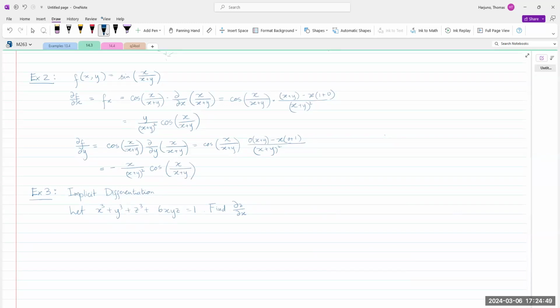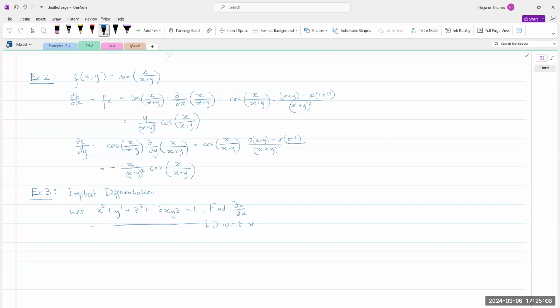And you will see later on that dou x dou z is basically the reciprocal. Now, how do we do that? We do implicit differentiation with respect to x. Notice that we want to find dou z dou x, right?